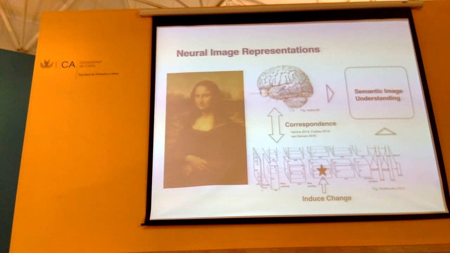And so it would be cool, in order to test this correspondence, if we test what change is induced in this artificial neural network, whether that would generate the corresponding change, or where this change is encoded in the brain. For that, it would be nice to be able to generate images that reflect this change.